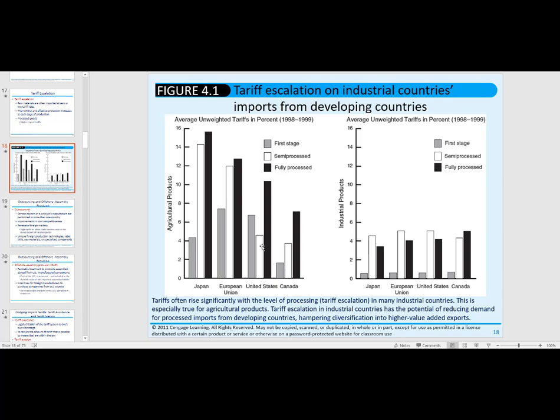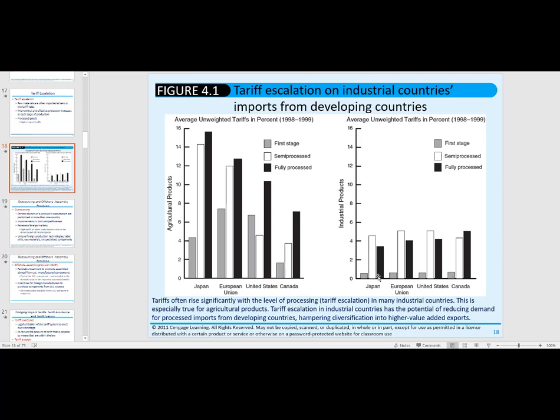Okay? This is done because the US finds it particularly relevant to tax less these semi-processed goods because it's going to use them to produce fully processed goods. It gives more importance to it than the other countries do. When it comes to industrial products, what we see is that semi-processed industrial products are typically taxed more than the first stage, minimal processing, or fully processed goods.